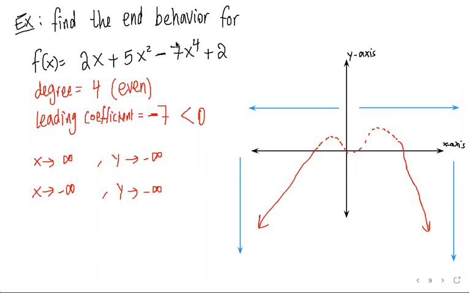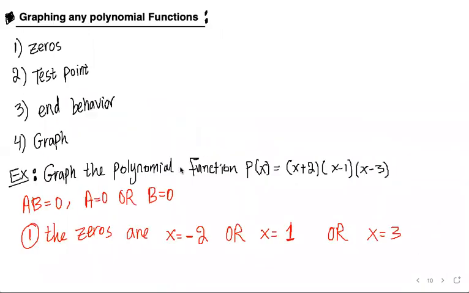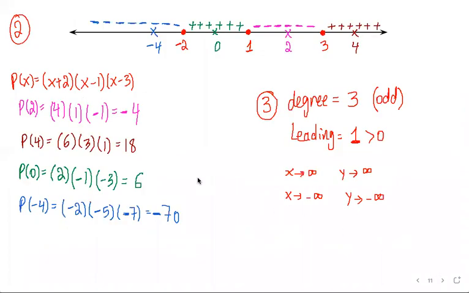I got it now. So if the degree is 4, the leading will be the coefficient in front of it, -7. Same thing for all the examples. The leading term is x times x times x, which is x cubed. So the leading coefficient will be 1.